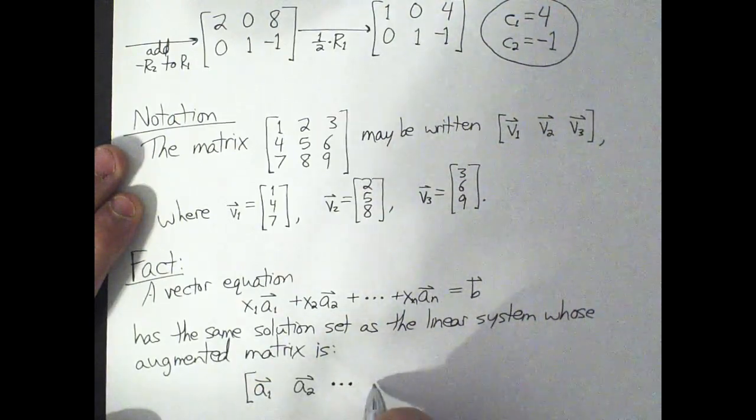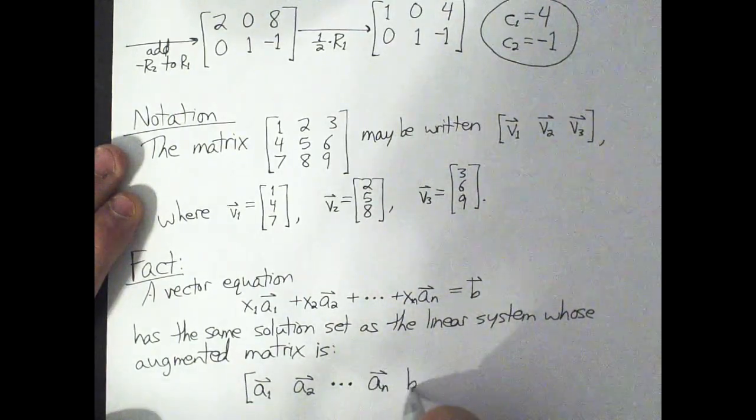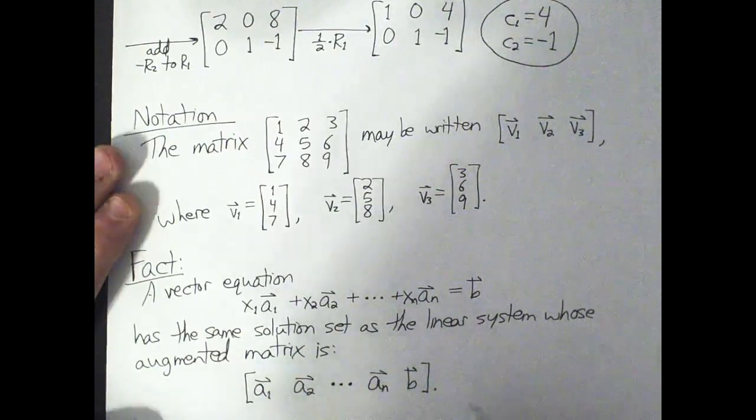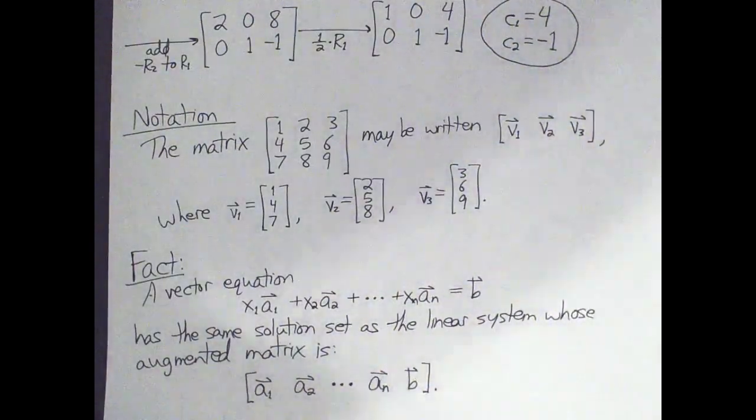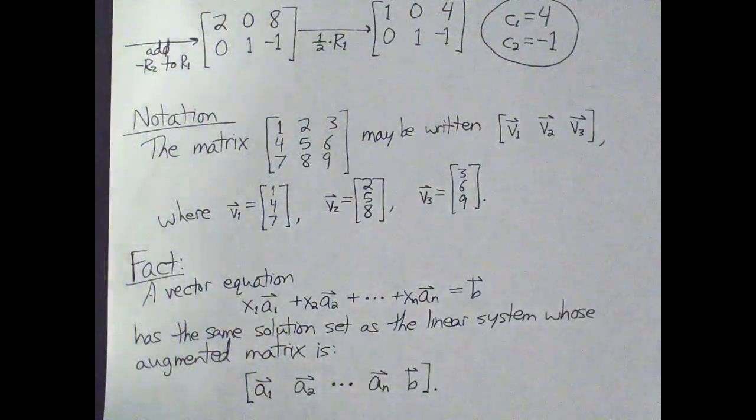We don't know how many there are, up to AN. And finally, the right-hand side, B. There's a little bit more to this fact that I'm going to write on the next page.